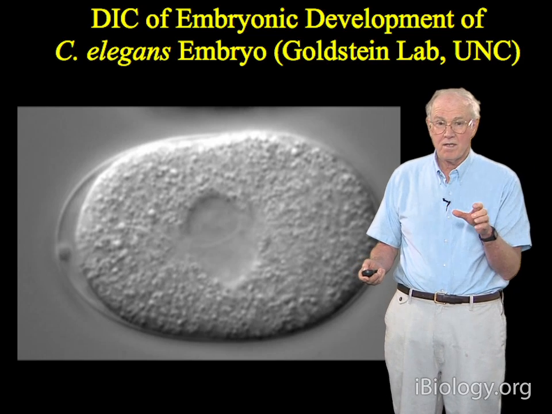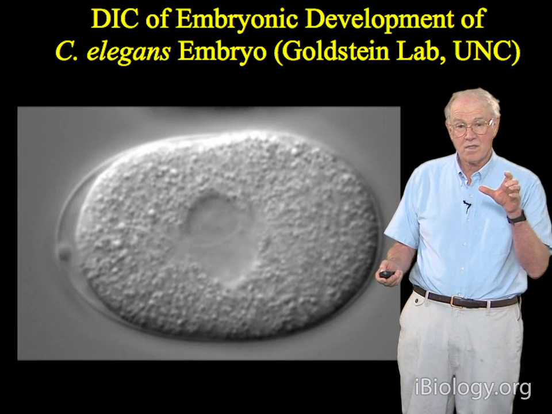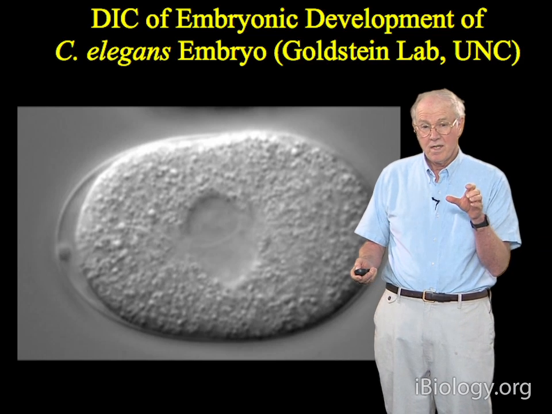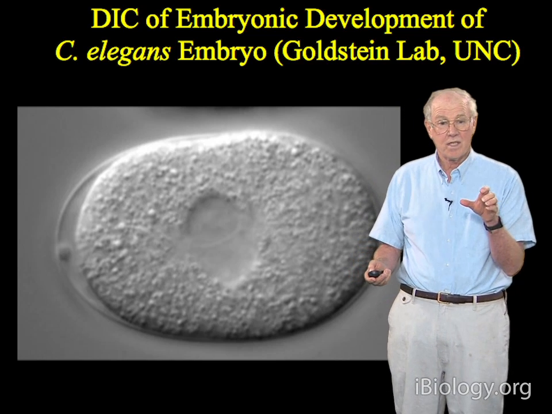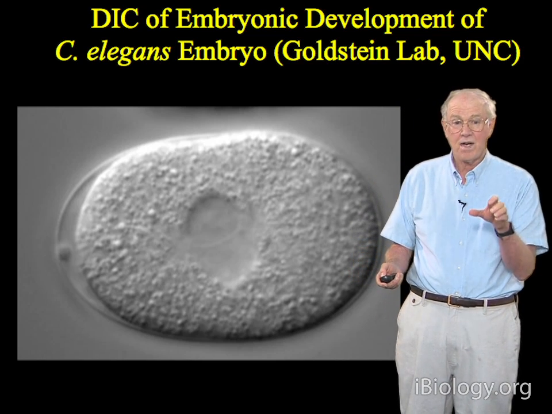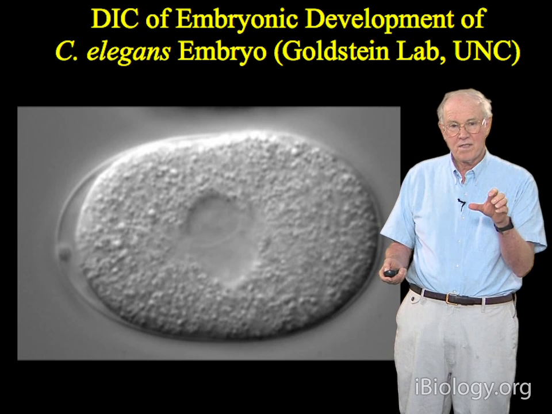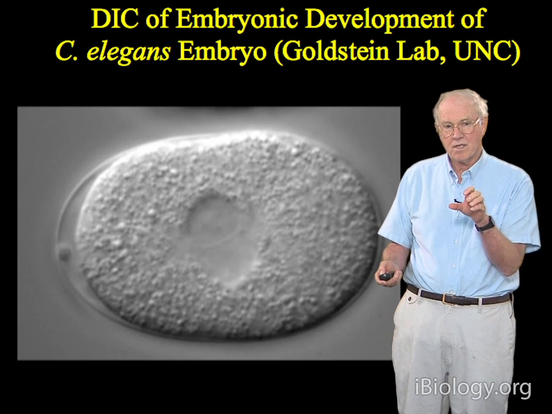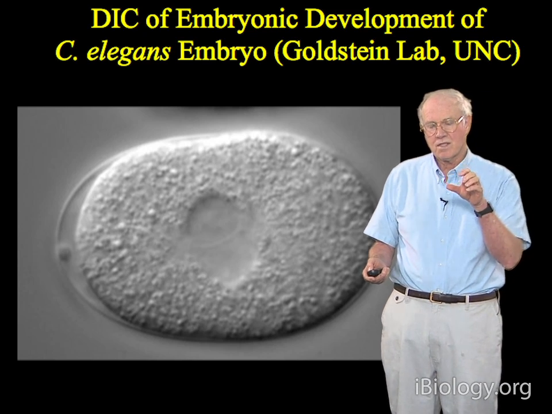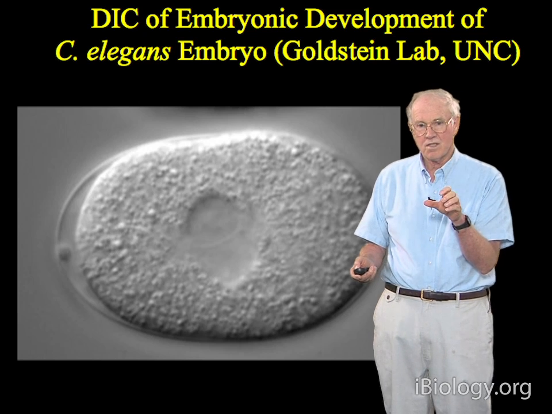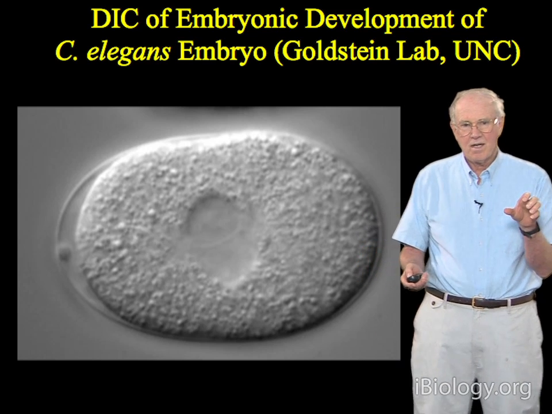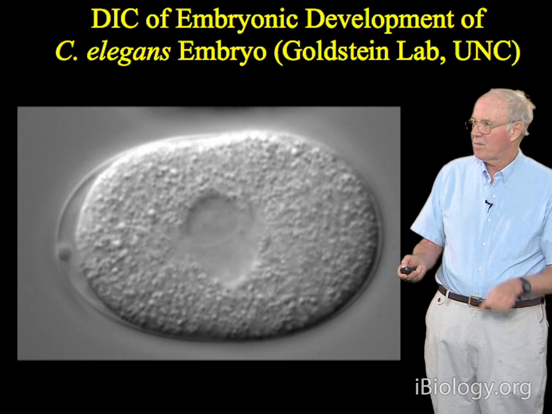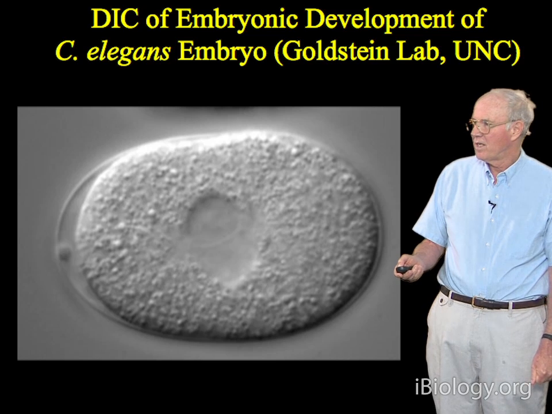And investigators have been able to use DIC microscopy to actually follow the development of all of these cells and their relationships to each other during cell divisions and morphogenesis in this process. And I'll show you the first example from Bob Goldstein's lab.